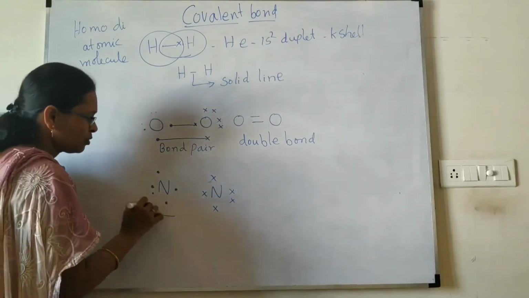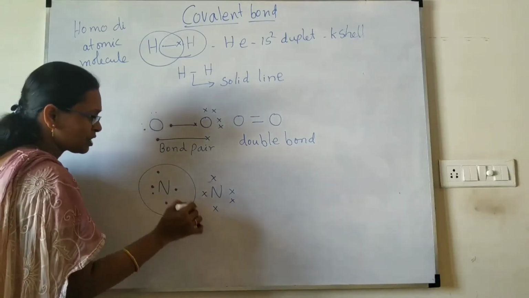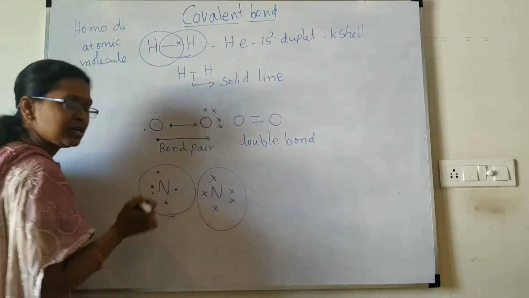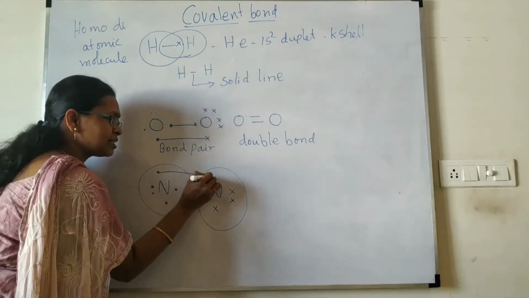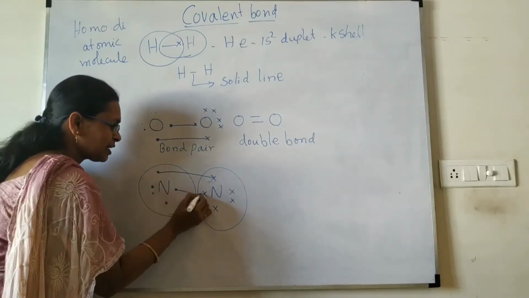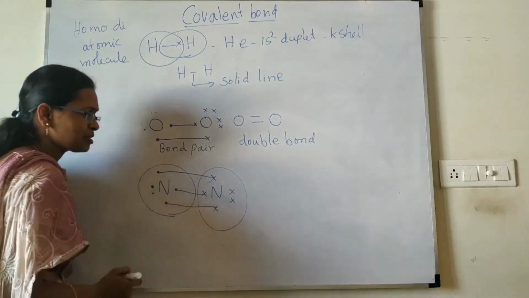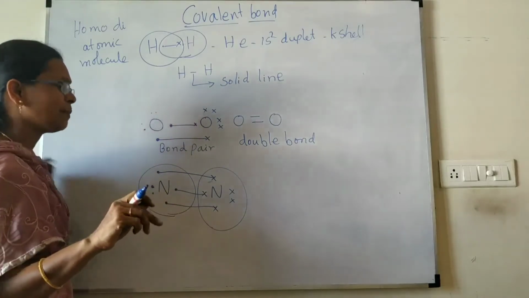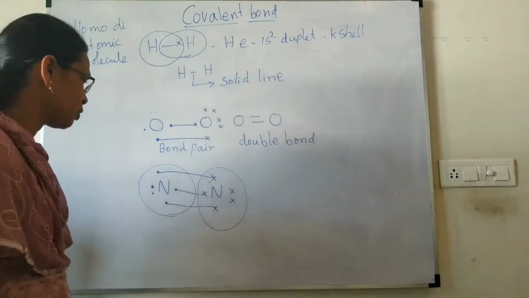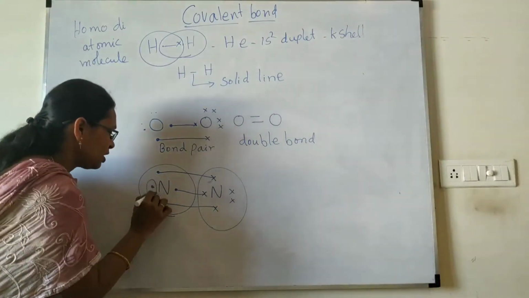Now you take the nitrogen molecule. This is one atom, and this is one atom. The electrons of this one will attract this one, and here these are lone pairs. Because nitrogen's valency is 3, the combining capacity of nitrogen will be 3 only. This is called a lone pair.